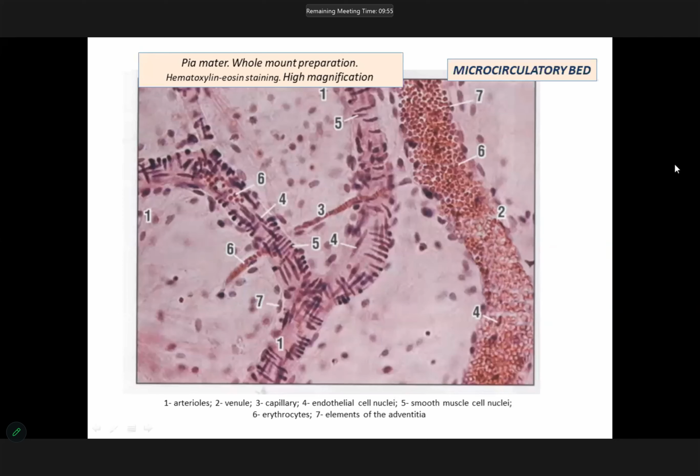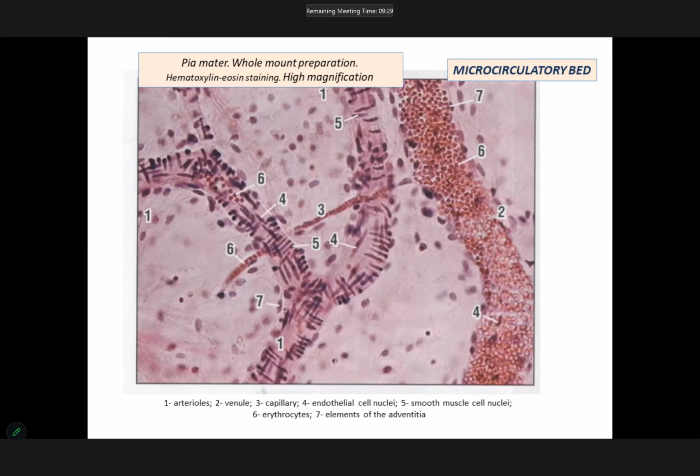We will discuss the microcirculatory bed in class using our preparation of the pia mater. Pia mater covers the brain, and this is the whole mount preparation, or total preparation. It means that we take the pia mater, which looks like a thin membrane, and we stretch it upon the glass.